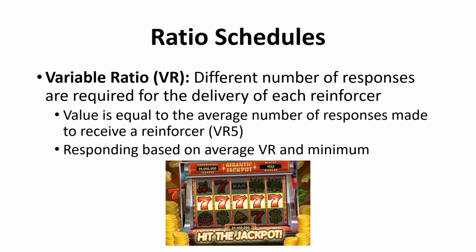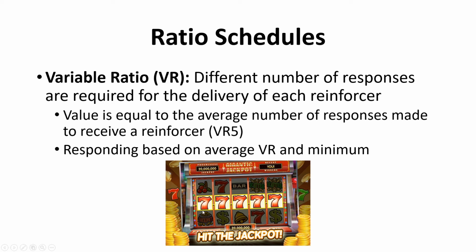And that little bit of variability in there, that "or so," or 5 on average, tells us that it's a variable ratio. So usually if we were describing a scenario and you had to identify that it was a variable ratio schedule, they would say that maybe every 10 times plus or minus a certain number, there would be reinforcement. That tells us that there's some variability and therefore it is a variable ratio schedule.